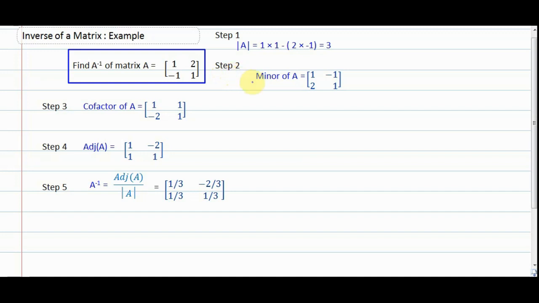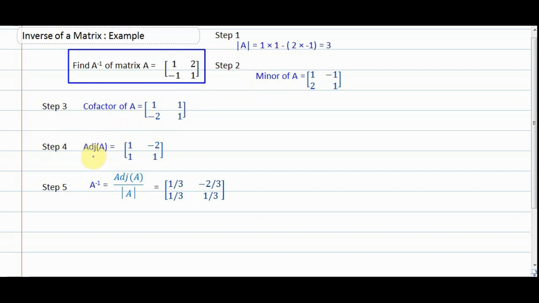Step number 2 is to calculate minor of the given matrix. So when we calculate minor of A, we will get it as 1, minus 1, 2 and 1. Now coming to step number 3, we have to calculate cofactor of A, that is signed version of this matrix. So we will get it as 1, plus 1, minus 2 and 1. Now step 4 is to calculate adjoint of A, that will be nothing but transpose of this cofactor matrix.